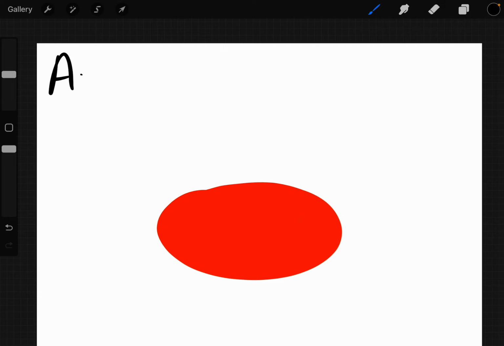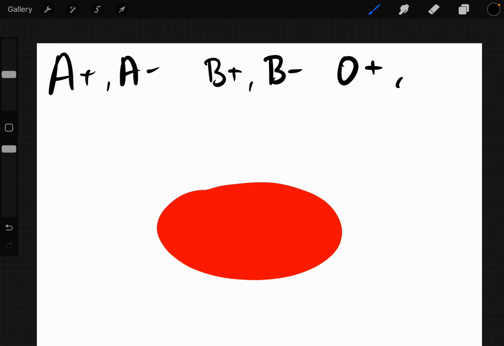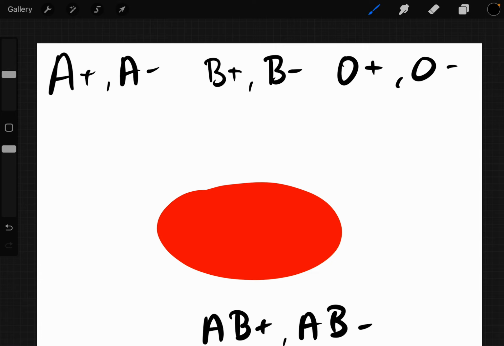You've got A positive and A negative, B positive and B negative, O positive and O negative, and then one more I'll put at the bottom, AB positive and AB negative. Those are your blood types: A, B, O, and AB, and then you have positive and negative of each.